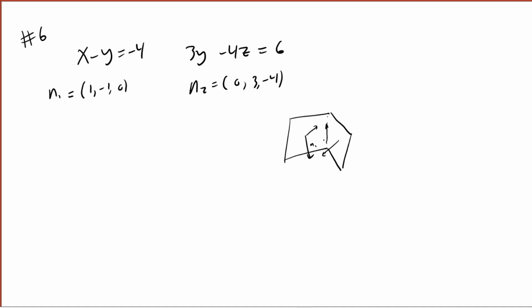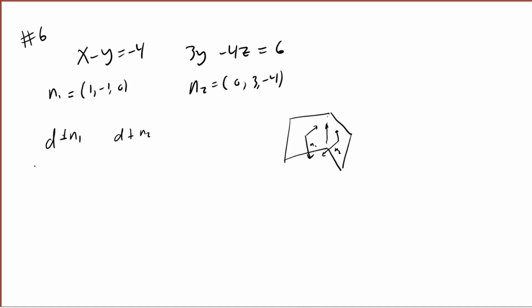So our direction vector is going to be orthogonal to n1. Also though, n2 is orthogonal to everything in the plane. Specifically, n2 is also orthogonal to D. So we know that the direction vector is going to be orthogonal to n1 and n2.